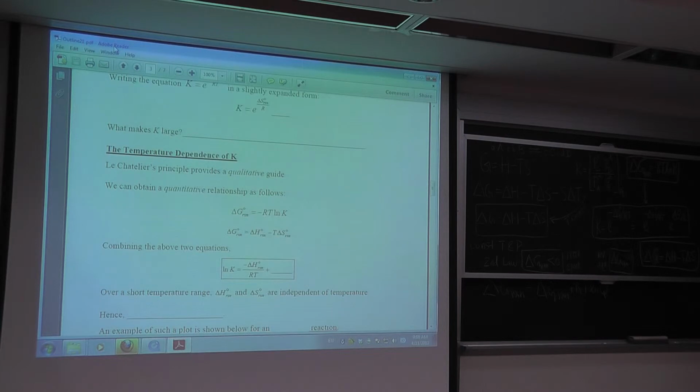So this should be zero. It's 2 times negative 237.2.